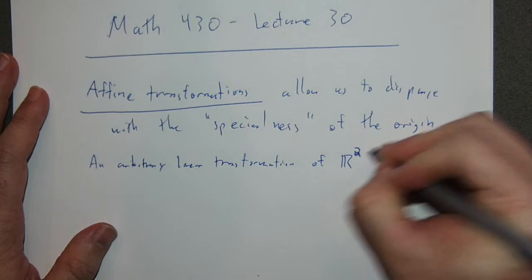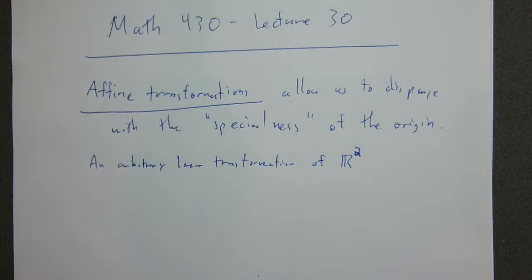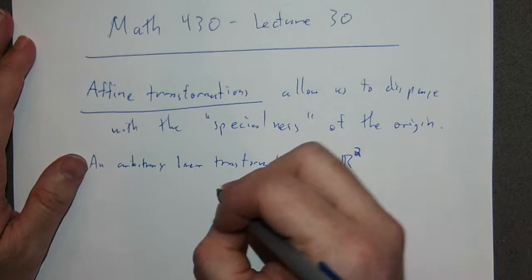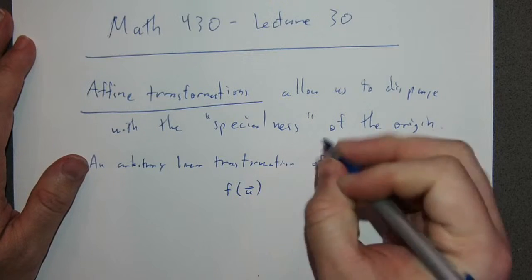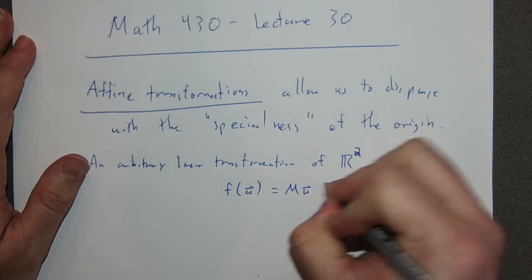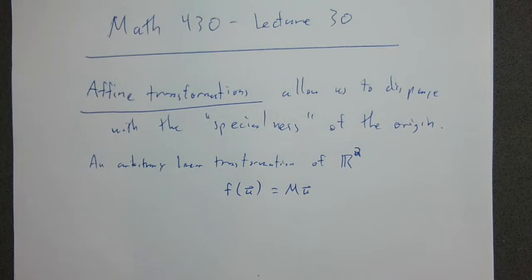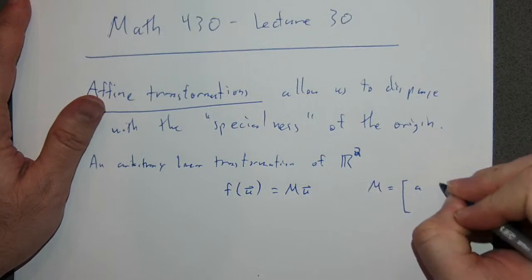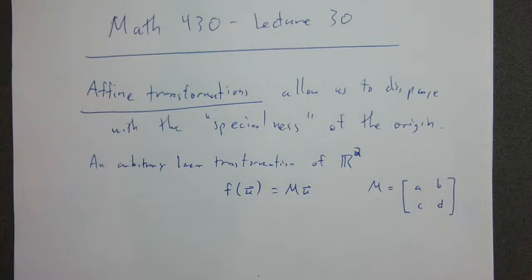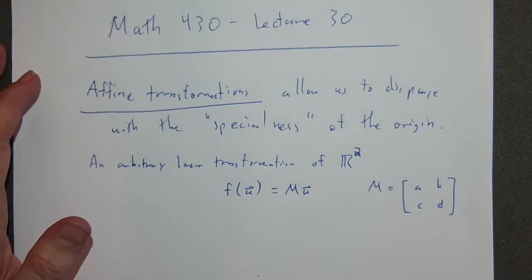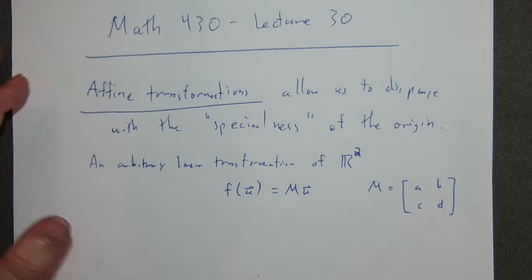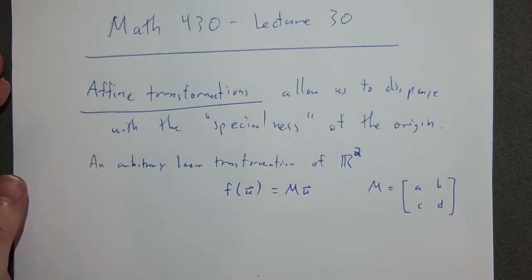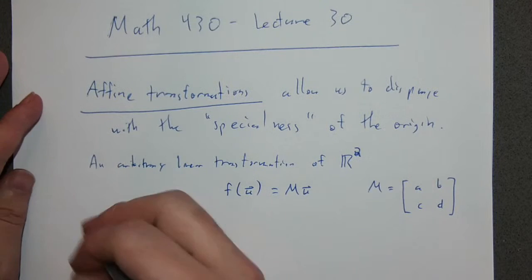An arbitrary linear transformation of R2 takes a vector U and multiplies that vector U by some matrix M, where M is A, B, C, D. And of course, if this thing has an inverse, then that's a special type of linear transformation, and that's where the isometries live. But then an affine transformation is a combination of a linear transformation and a translation.